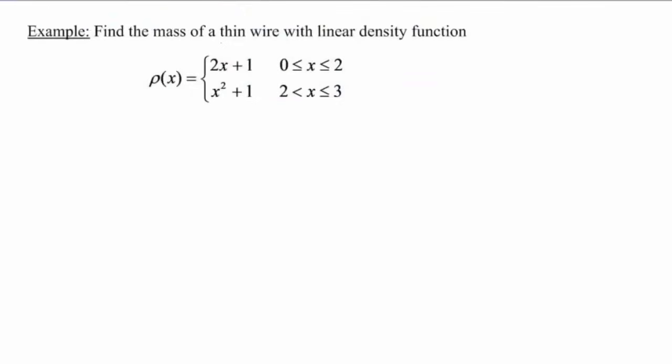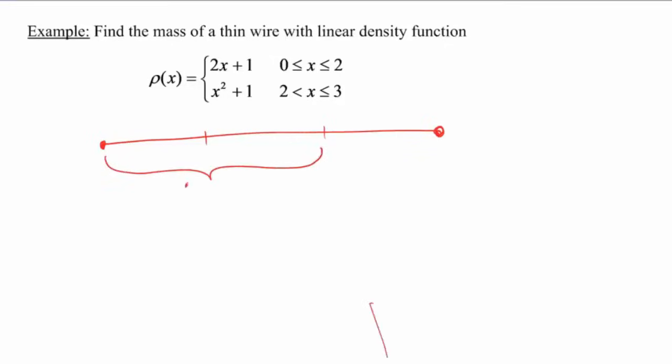Here's another example. It says find the mass of a thin wire with the following linear density function. This one's a little bit funny because our wire here is 3 units long: 1, 2, 3. But for the first two, the density function is 2x plus 1. And for the last part here, the density function is x squared plus 1.